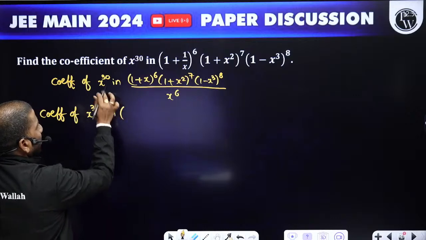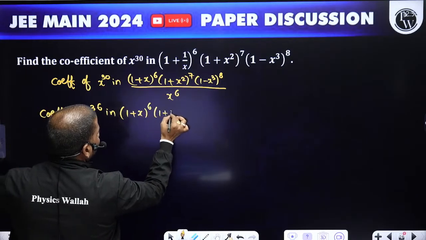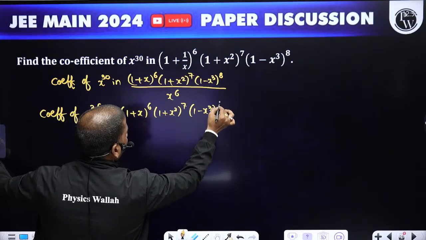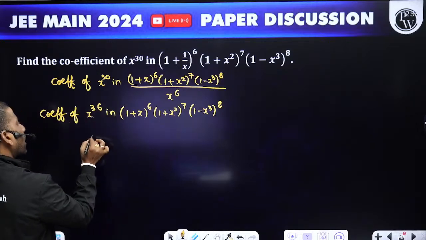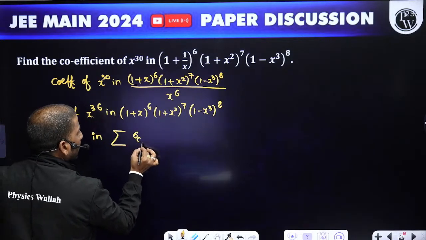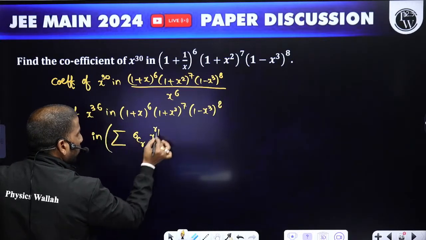In x power 36 in 1 plus x power 6, 1 plus x square power 7, 1 minus x cube power 8. So what I will write here, summation 6C R1 x power R1. This is the first case.